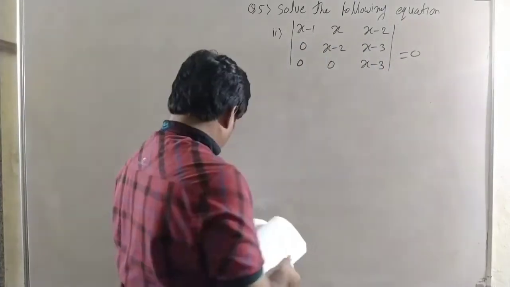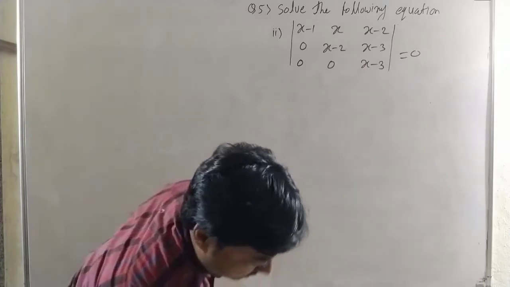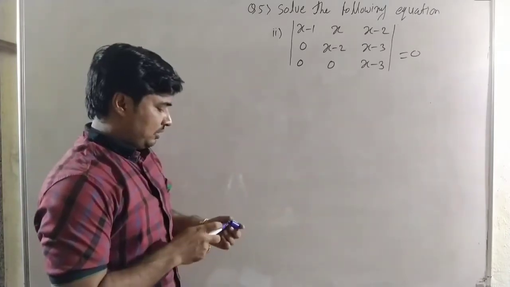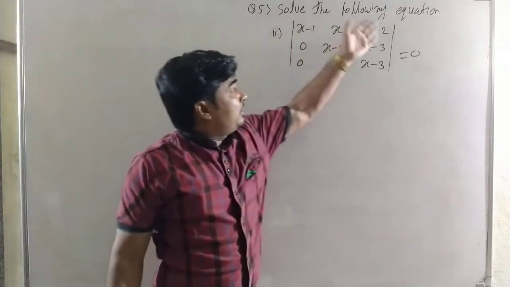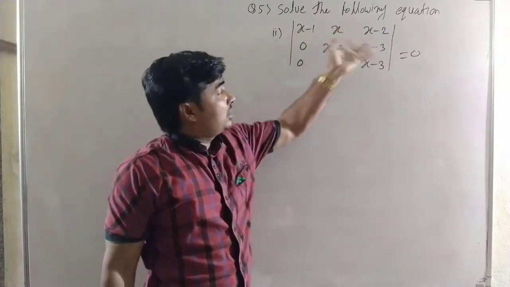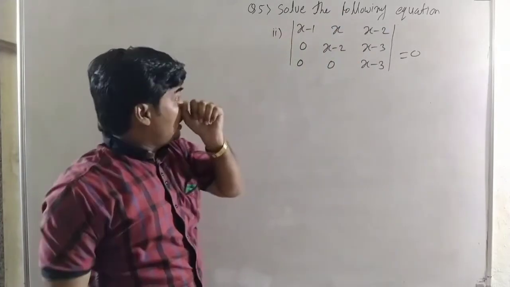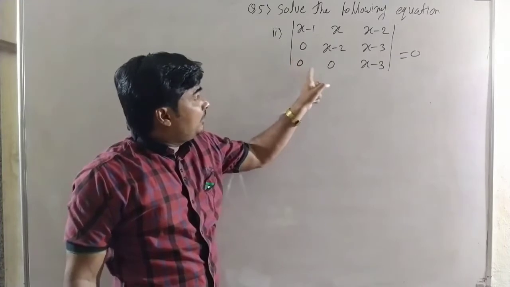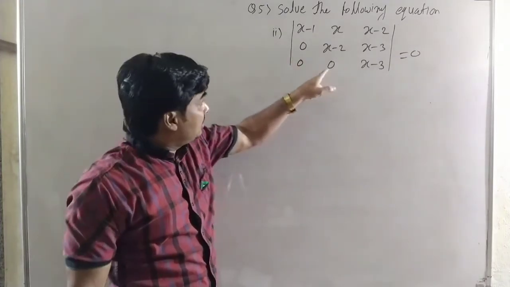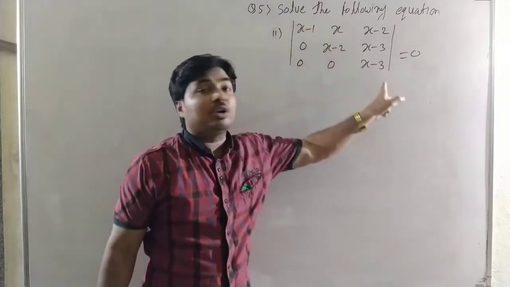Now you can solve this determinant first. Okay, again here there are the variables x minus 1, x minus 2, x minus 3, but see carefully, these three elements are 0, and these three elements are below the diagonal.